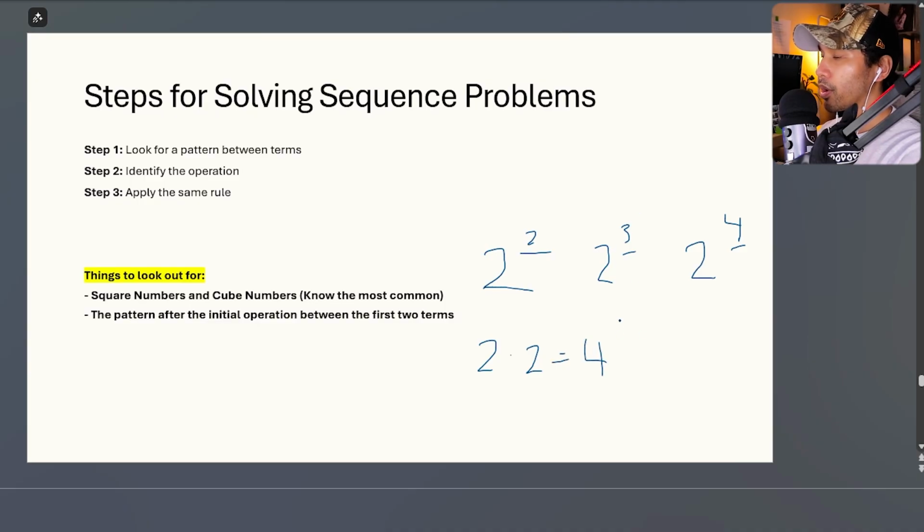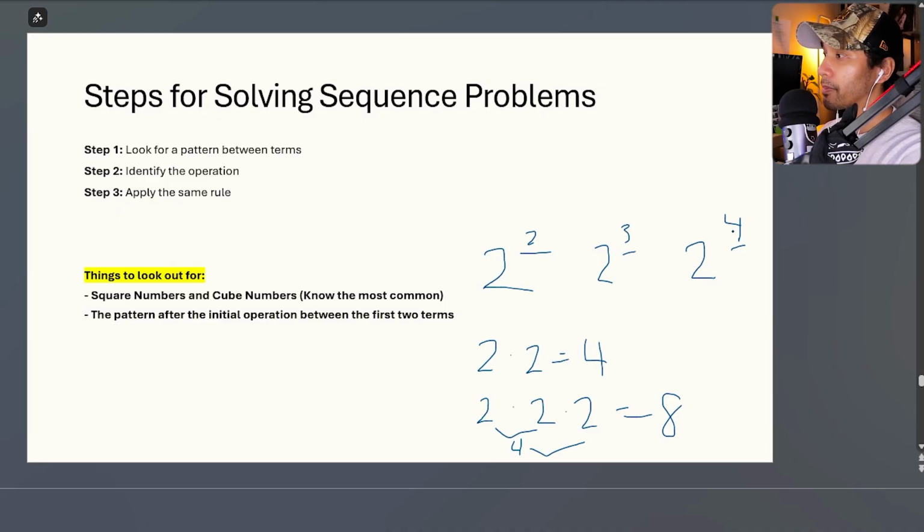And 2 cubed, or 2 to the power of 3, is 2 times 2 times 2: 2 times 2 equals 4, and then 4 times 2 equals 8. So that is 2 cubed, or 2 to the power of 3.